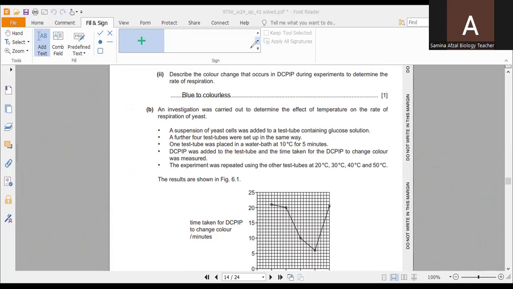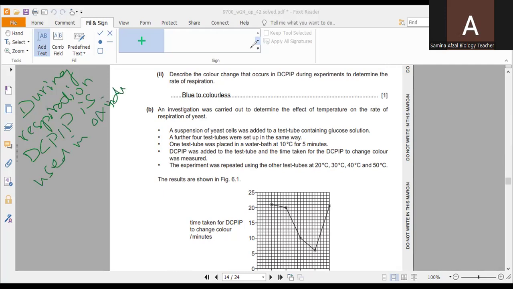So here I already told you that during respiration experiments with yeast, DCPIP is typically used in its oxidized form, which is blue.